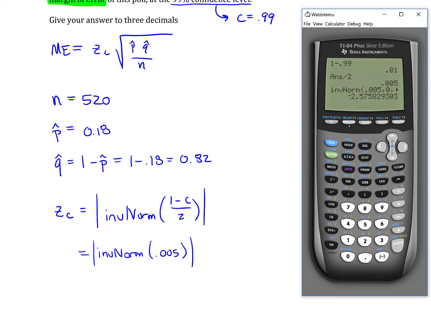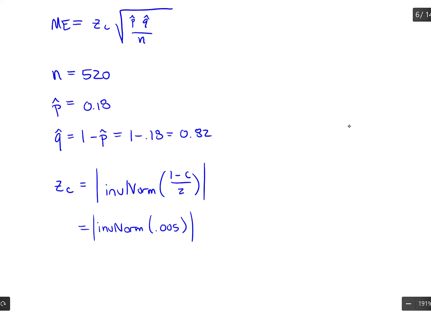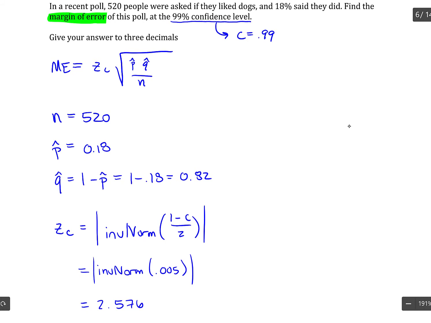So negative 2.576, and we're going to do the absolute value of that. So I'll make it 2.576. I'll keep an extra decimal there for rounding errors. Now, margin of error. I've got everything I need to get my margin of error.